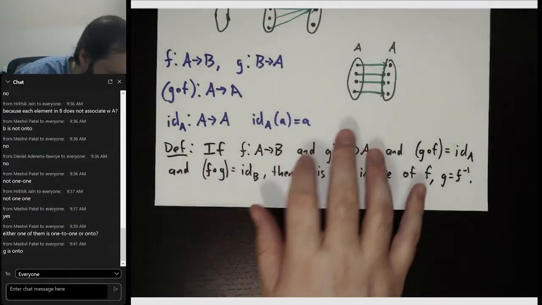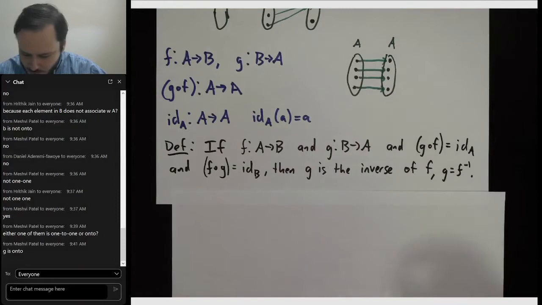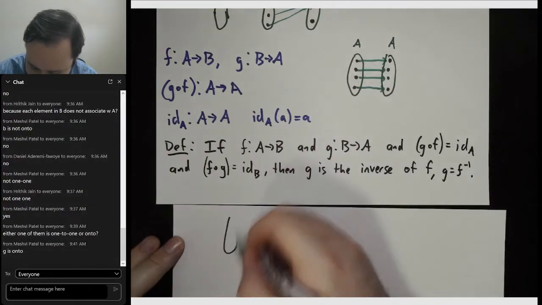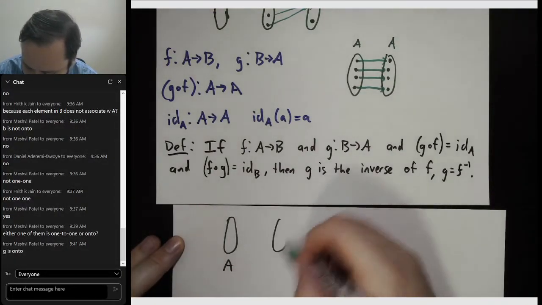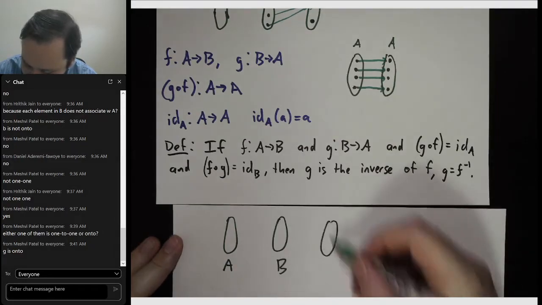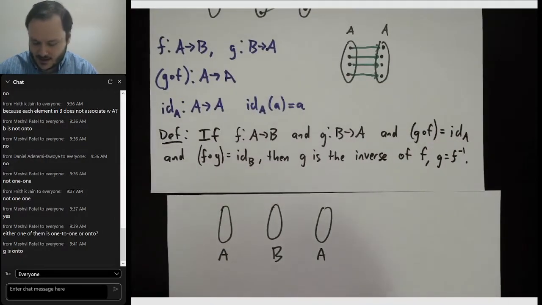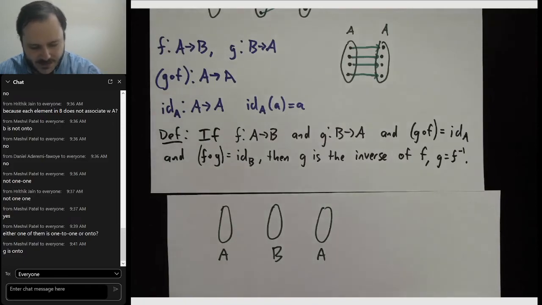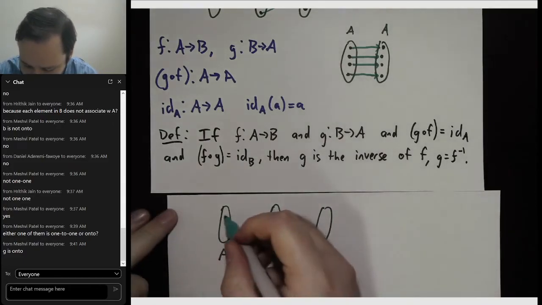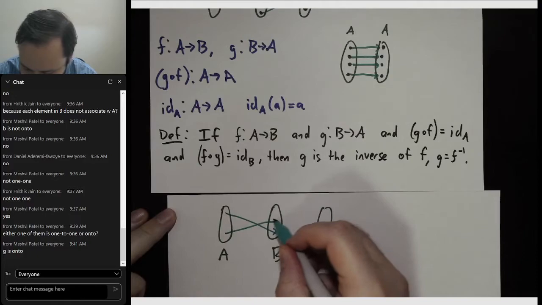One more picture. I've got A and B, and I can think of this as another copy of A. F is sending stuff all over the place.